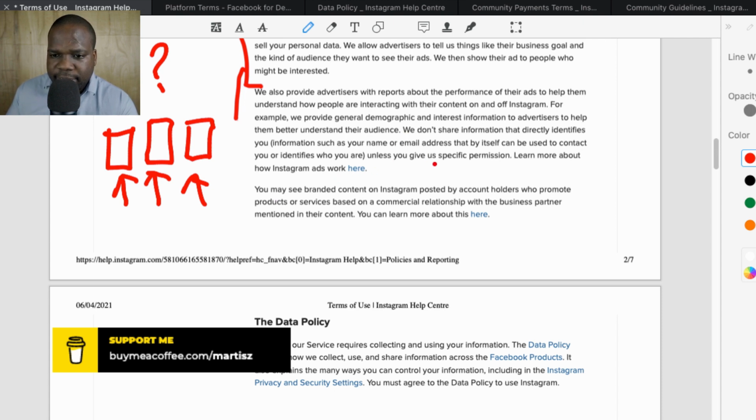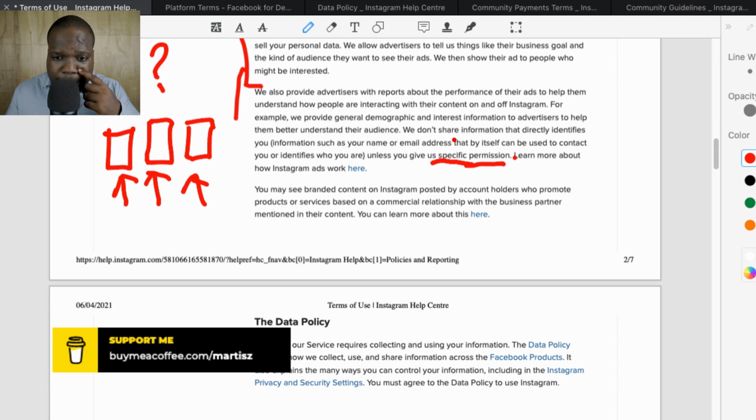So I understand what they are saying, yes, but are they doing this also? That's something you need to ask yourself. Are they also doing that? People need to give you specific permission to share your name and email address. So when you give Instagram specific permission to share your name and email address, they're allowed to do that.